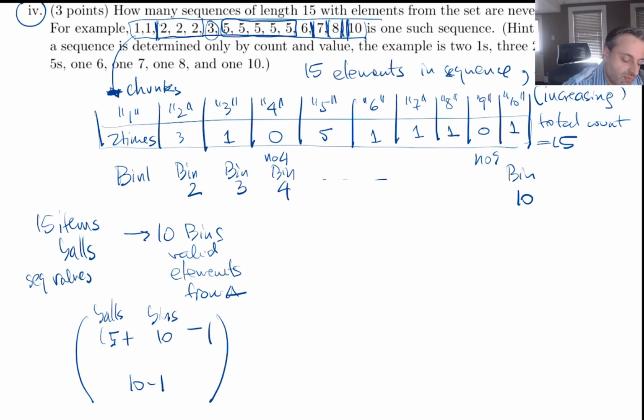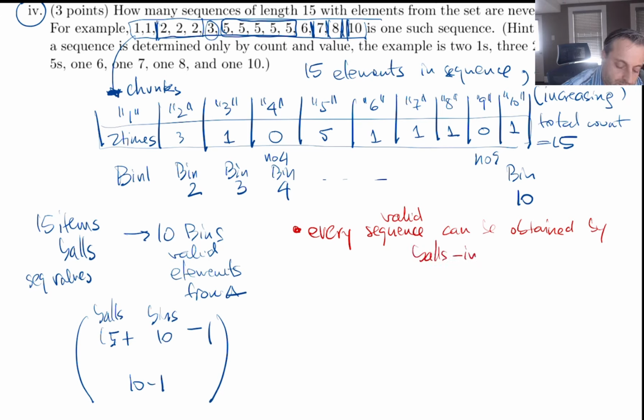So we want to make sure we have two things. Every valid sequence can be obtained by balls into bins. So that's effectively what we've already done.